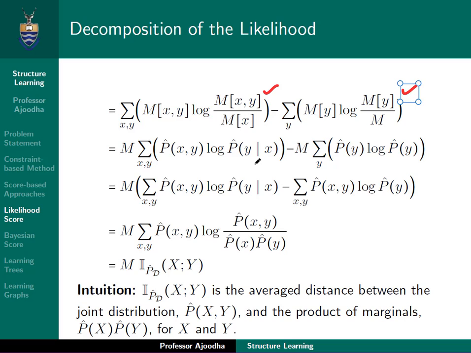So far it's looking good, but what's often useful is a more compact representation. You could just leave it like this and continue, but a more compact representation will use what we call the empirical distribution, P hat. The reason we call it the empirical distribution is that it's the distribution that manifests in the data.